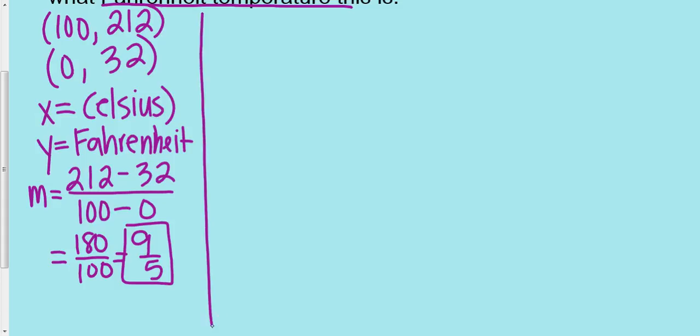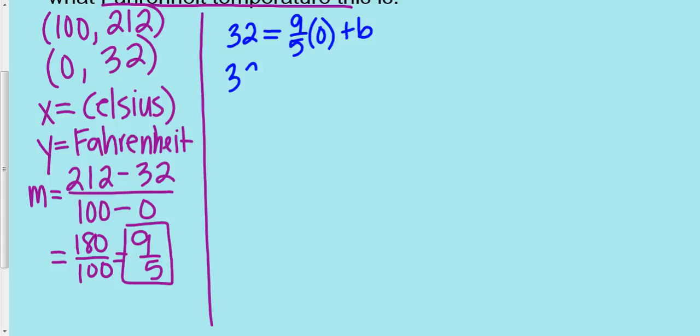We do need to come up with an equation, though. That's part of the question here in this story problem, is write that linear equation. To write that linear equation, I'm going to use, you know what, I'm going to use 0, 32. That's a little bit of an easier sample point to work with. So I have 32 is equal to, my slope was 9/5, times 0 plus b.